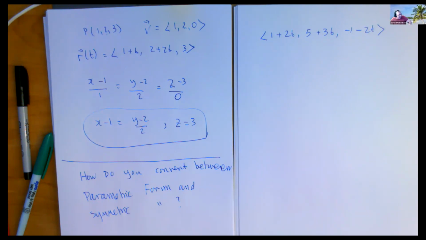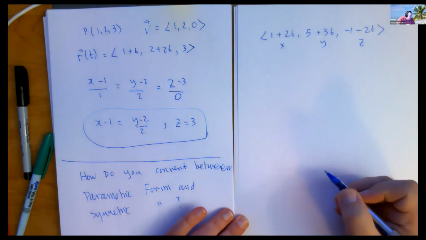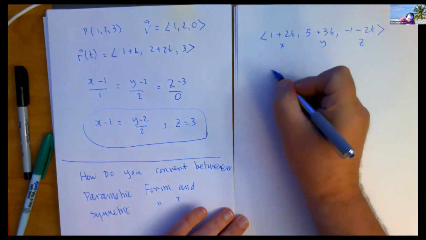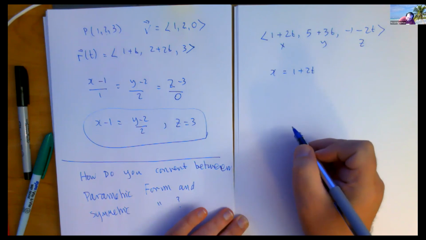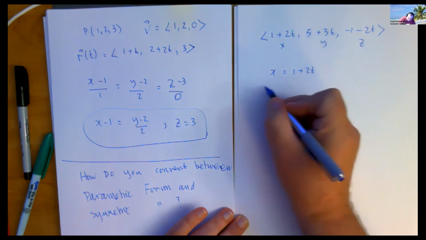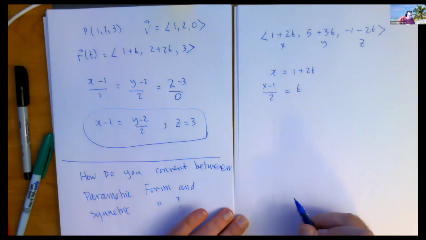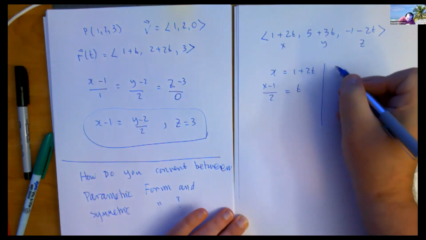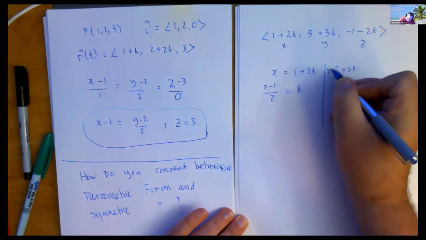Nailed it. Bang on. Exactly what you just said. So let me take you through what you just said. You know this makes x, and this makes y, and this makes z. If you wrote it down in its full format, it would look something like this. Now, if you subtract 1 from both sides and divide by 2, we've got t. Now, if you take the second one, that's what y is equal to.